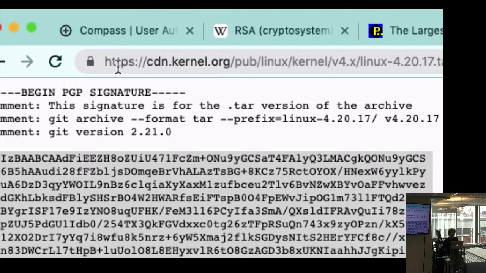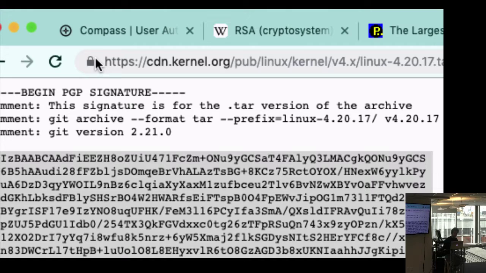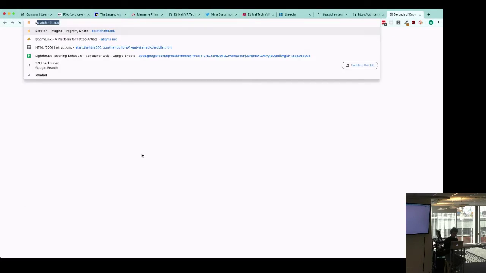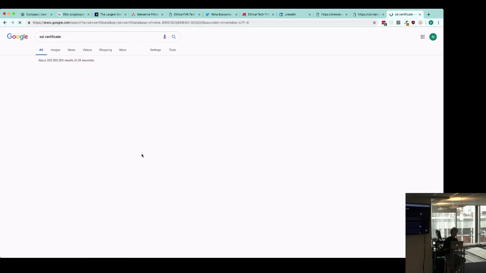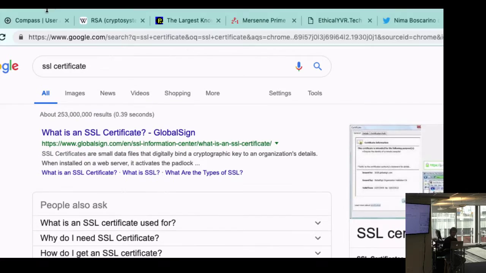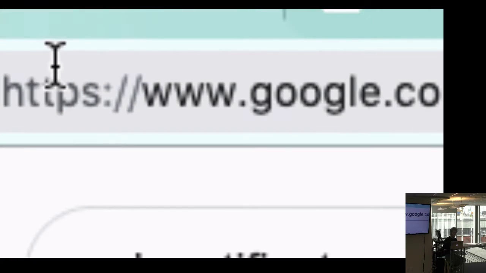So you're not going to be dealing with the math directly. But what you will be dealing with in your life as web developers is maybe setting up certificates, like SSL certificates. And I want you to know that underneath, an SSL certificate is the thing that lets you get this lock on your website and lets you use HTTPS for secure communication.